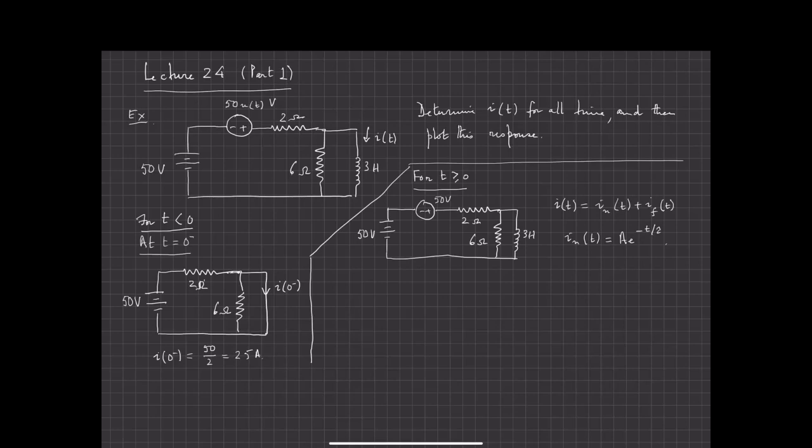There's only one inductor, so I know L. What I need to do is determine the R equivalent, all right? So what I do next is I kill the circuit.